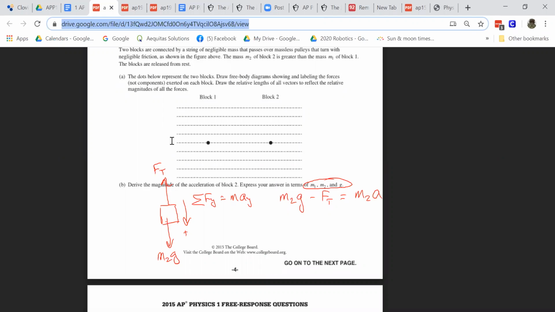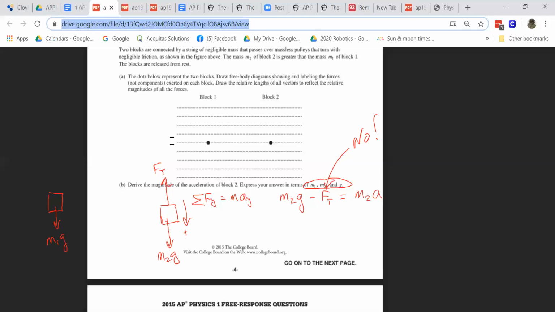This is all I want to have in there, and look at F sub T. No, we don't want it to be in that equation. So what do we have to do? Well, we're going to go look at the other block, which I'm going to do off to the left here. Here's block number 1. So you've got M1G.